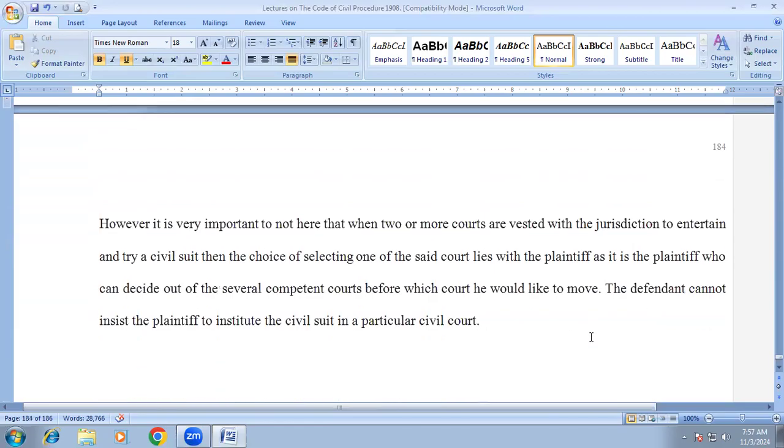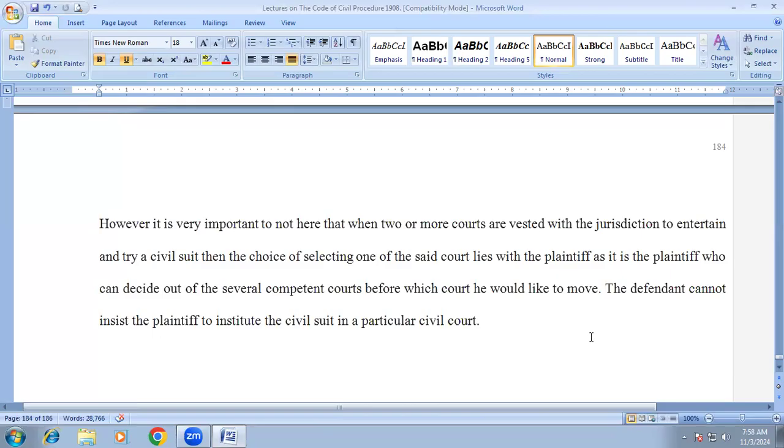However, it is very important to note here that when two or more courts are vested with the jurisdiction to entertain and try a civil suit, then the choice of selecting one of the civil courts lies with the plaintiff, as it is the plaintiff who can decide, out of the several competent courts, before which court he would like to move.